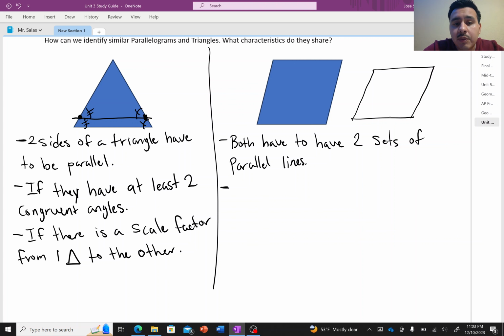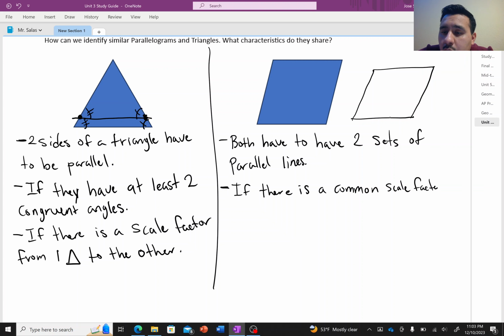The next rule that applies to parallelograms that is similar to triangles is that if there is a common scale factor from one parallelogram to the other.